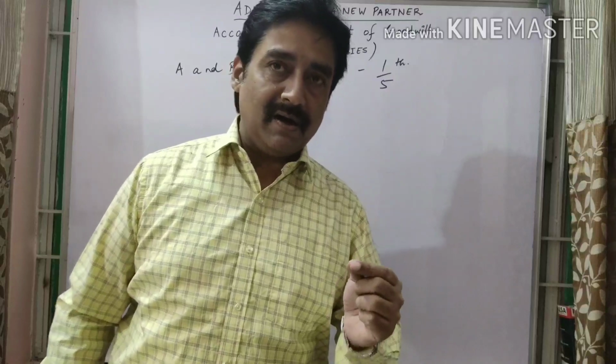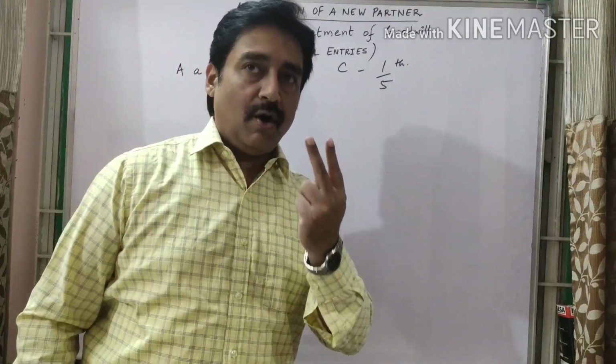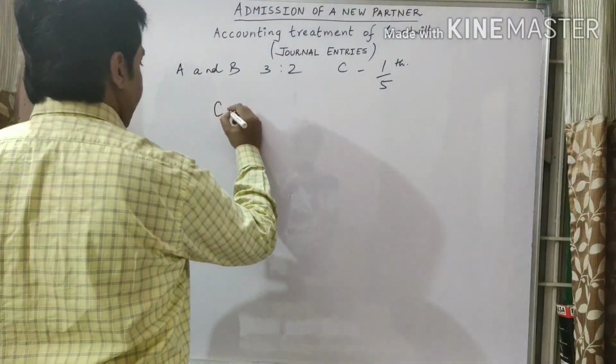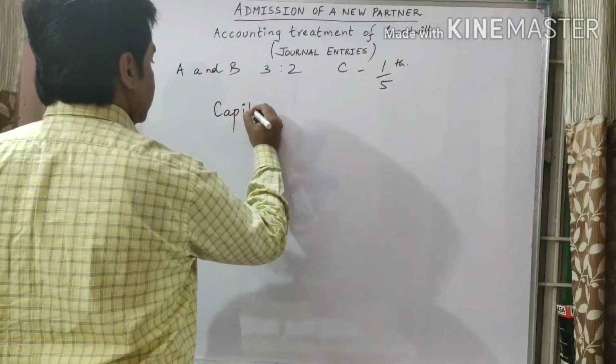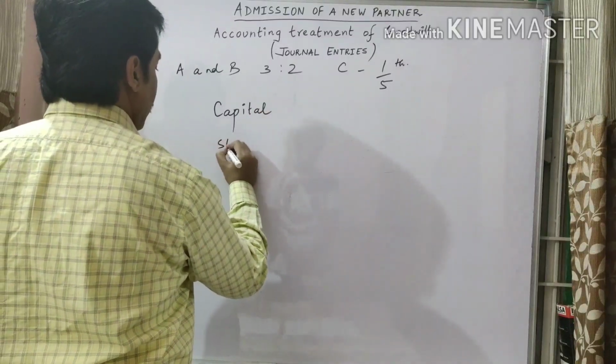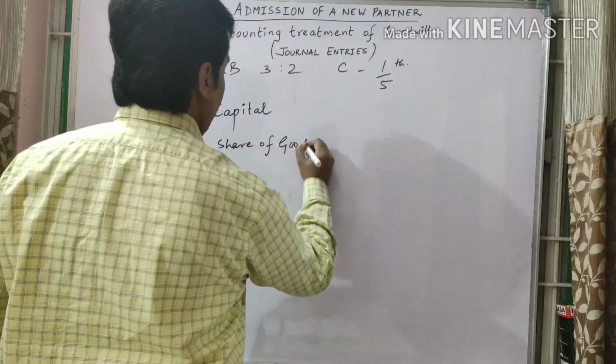Whenever a new partner is admitted, he is supposed to bring two things along with him. What are those two things? He is supposed to bring an amount for his capital and an amount for his share of goodwill.